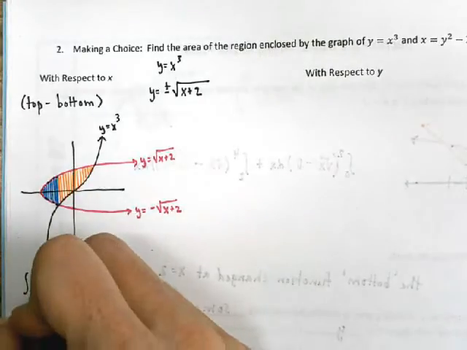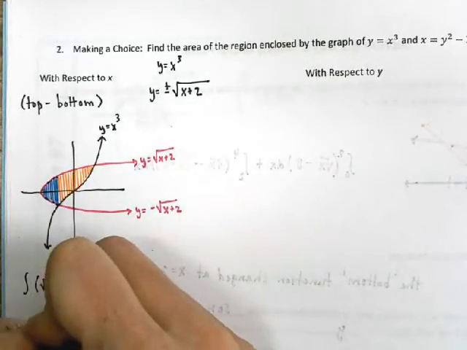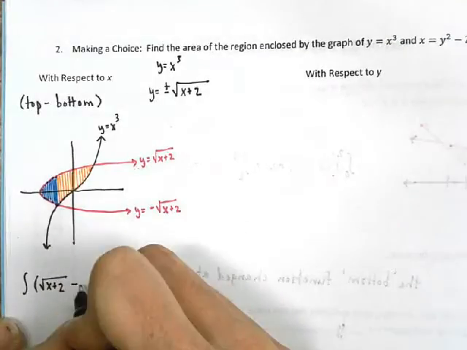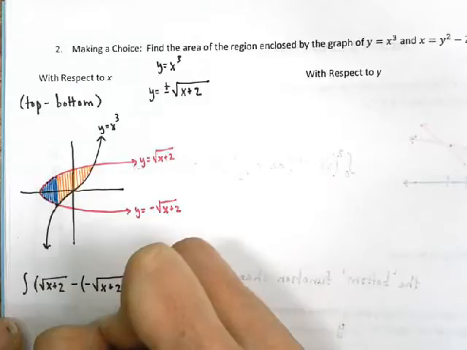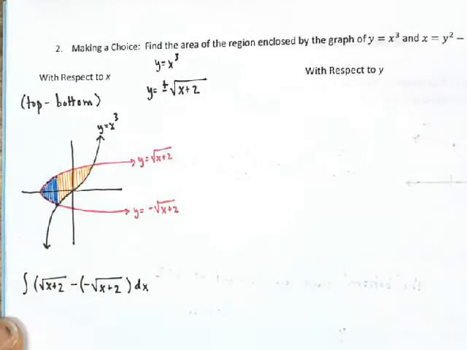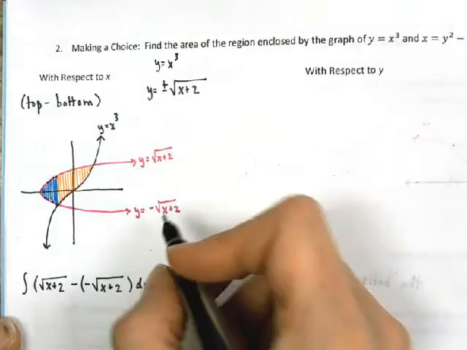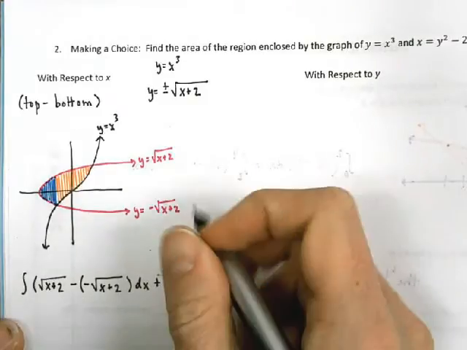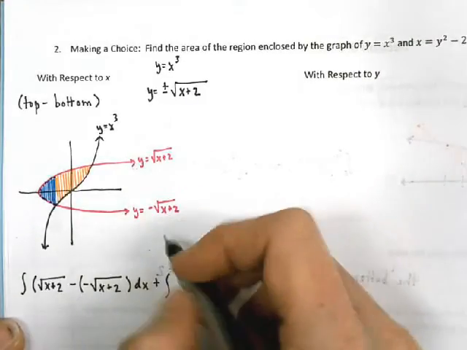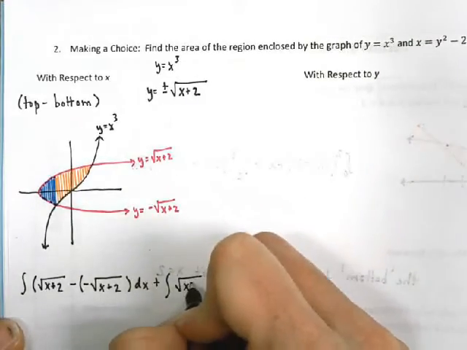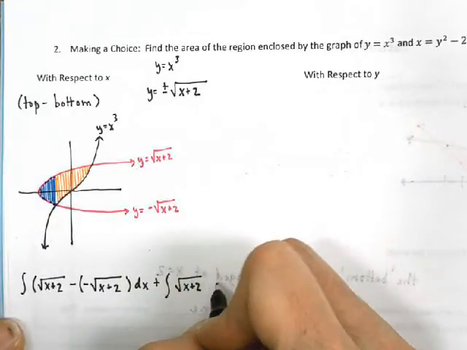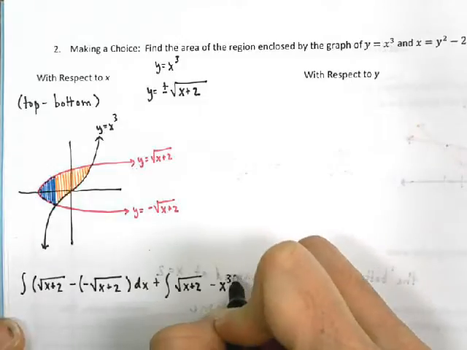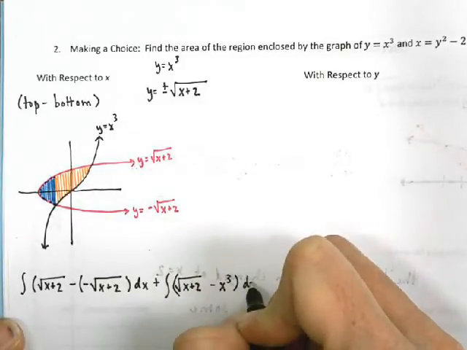My top was square root of x plus 2 minus, my bottom is actually opposite square root of x plus 2 dx. And then I'm going to add the integral, and we'll get our limits again. My top is square root of x plus 2, and my bottom there is x cubed dx.